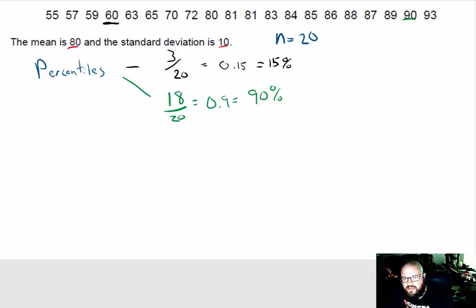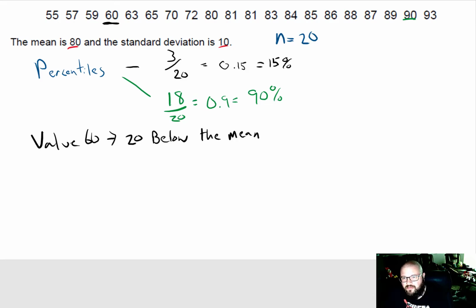So for the value of 60, we're simply saying it is 20 below the mean. Okay? Alright, and how many standard deviations away from the mean is 60?